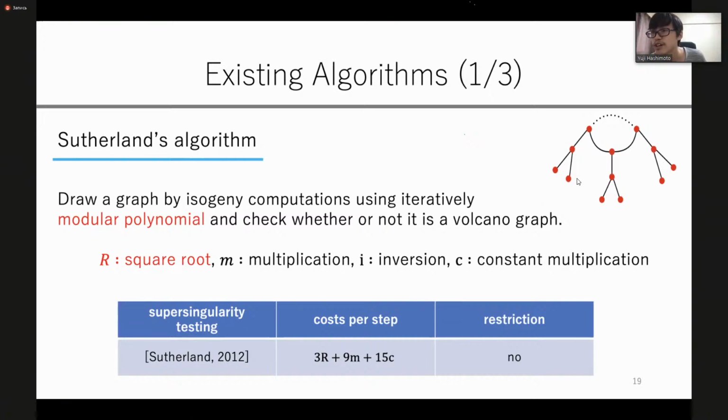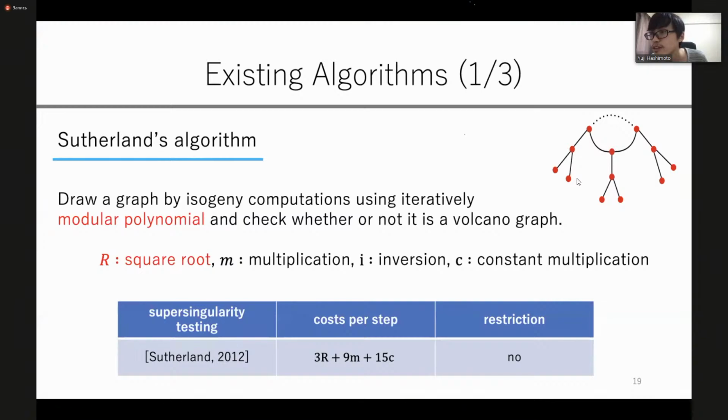We will explain existing algorithms. First, we explain the Sutherland algorithm. It draws a graph by isogeny computations using the modular polynomial iteratively and checks whether or not it is a volcano graph.